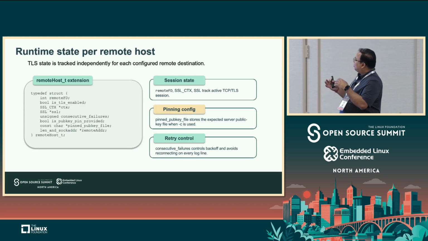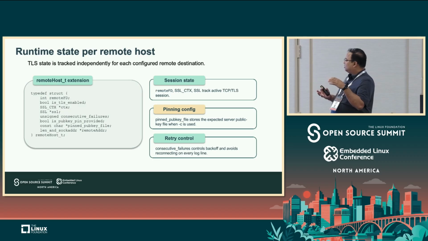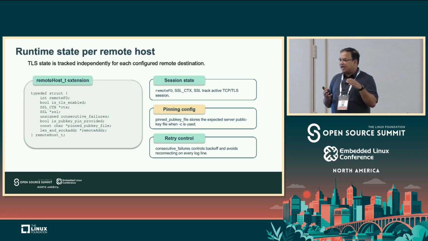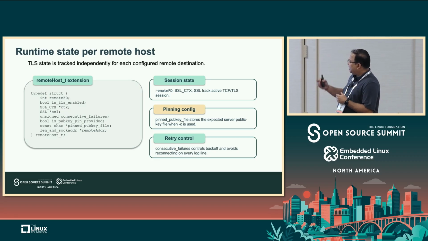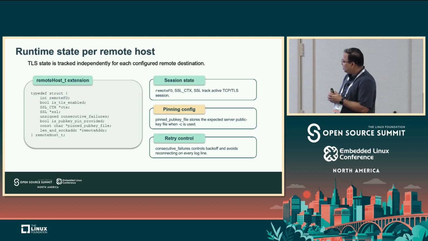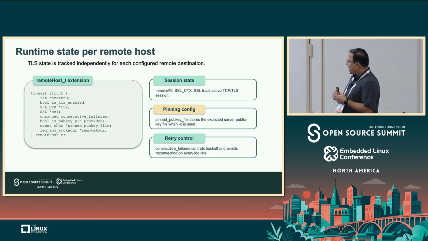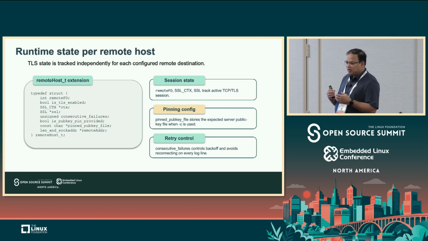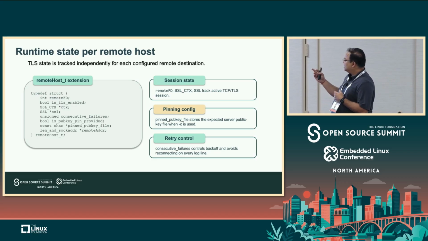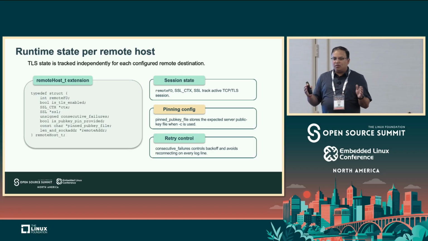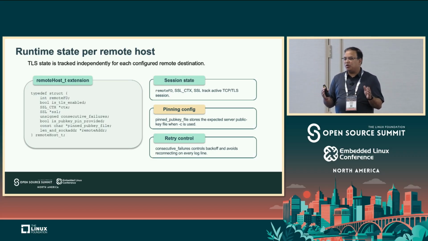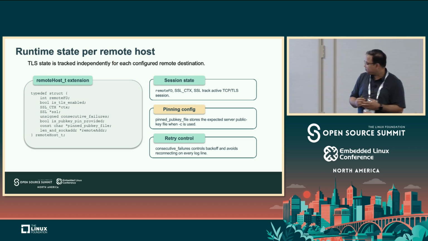This is the runtime state structure, the remote host structure, which gets extended. So we added the TLS things which we need. For example, the TLS enabled flag, the SSL context, as well as some things which we need for the public key, as well as to track whether we are doing exponential retry if the TLS server is not reachable at any time.